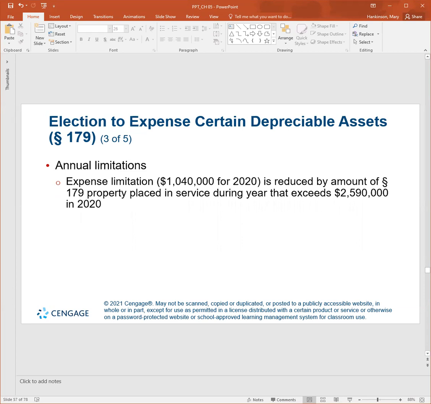Limitations. The Section 179 deduction is subject to three limitations that we will discuss.